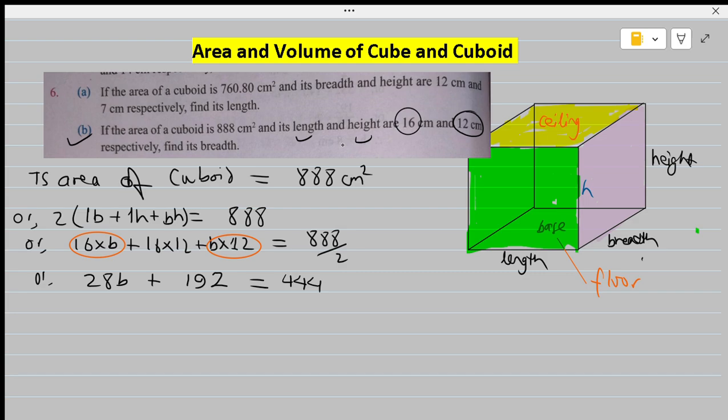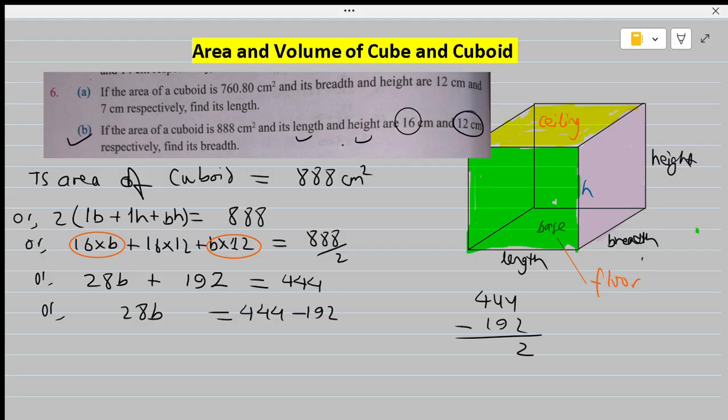By dividing 888 by 2 we get 444. And now what do we do? This 192 we send to the other side for subtracting, and we get 28b. And that subtraction, let's do here on the rough side.